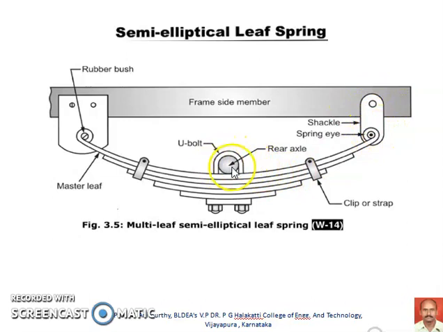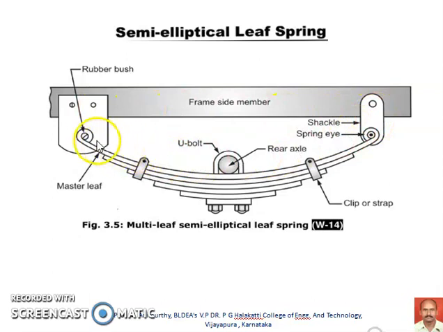And here you can see the rear axle, and with the U-bolt, the set of these leaves are mounted on the rear axle. And you can see between these two supports, which are called shackles, this is the front shackle and this is the rear shackle.